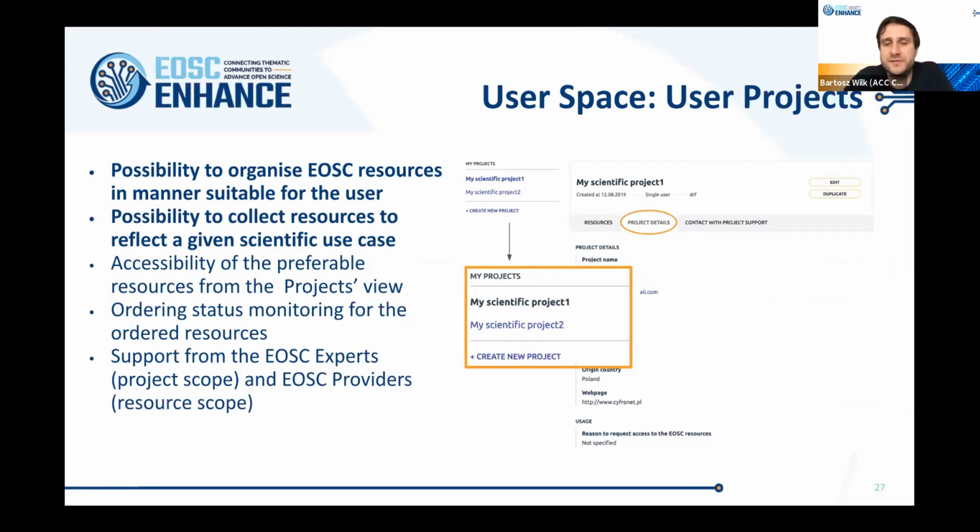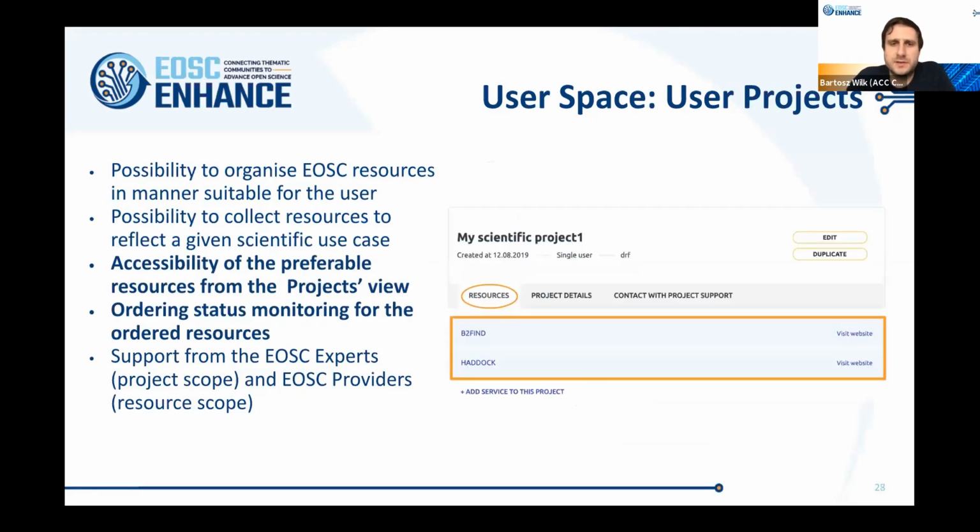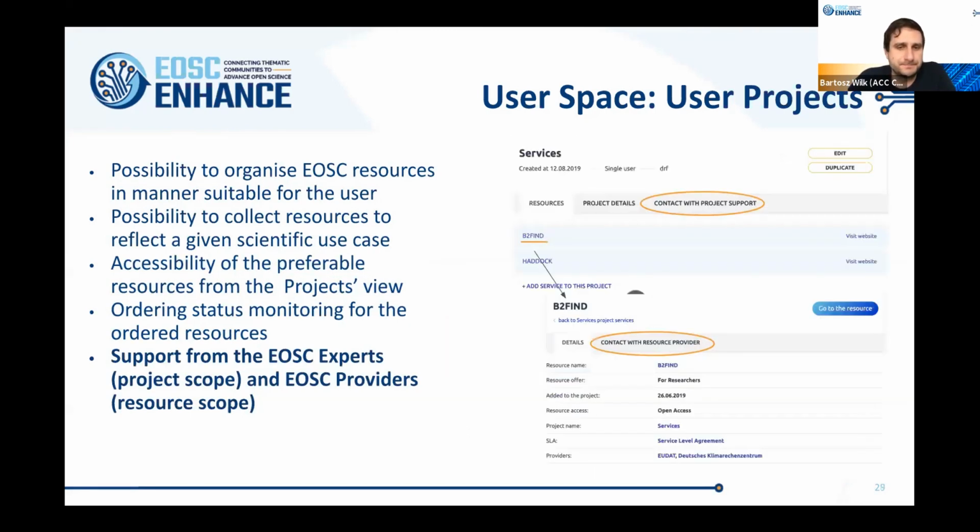Here it is not specified, but anyway, it gives the providers the possibility to analyze why we want to approach these resources. We can collect our resources and orders in these projects to monitor statuses of order delivery and to easily find our resources connected with our use case later.